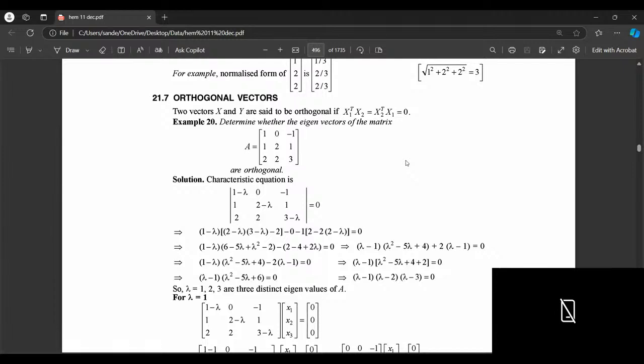So after simplification of this, you will get lambda minus 1 into lambda square minus 5 lambda plus 6 equal to 0.